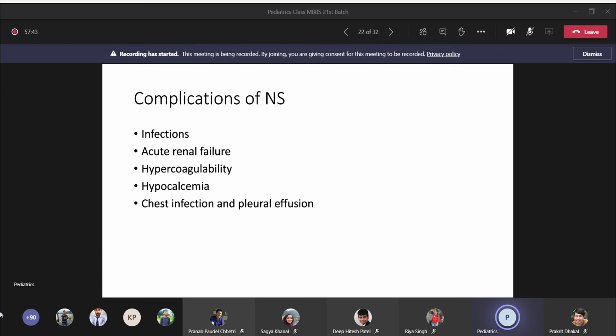The patient will go into anuria, oliguria, and acute renal failure also. Hypercoagulability, I have already told, and I have described the causes of hypercoagulability also. Then hypocalcemia, which I have already described previously. Then come to the chest infections and pleural effusion. So these are the complications of nephrotic syndrome.